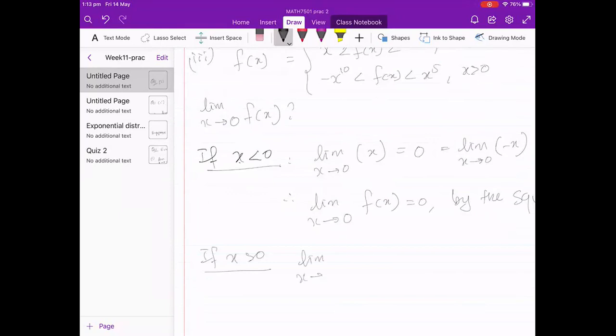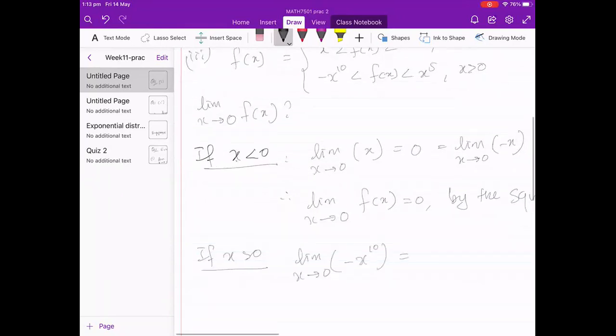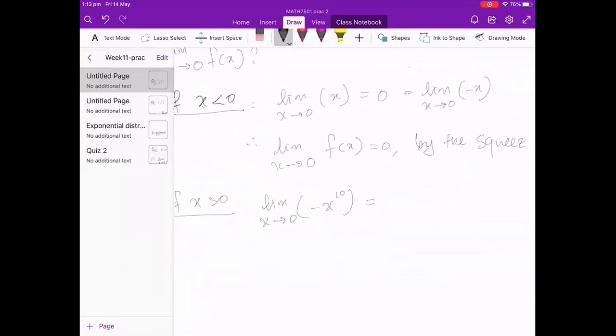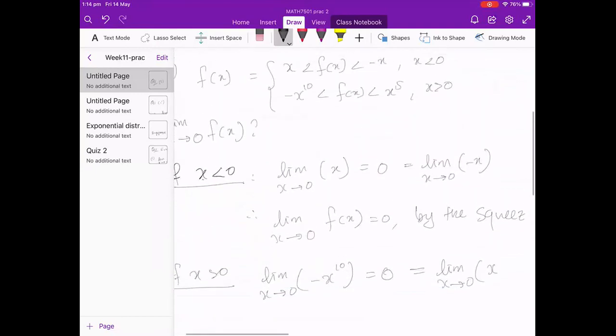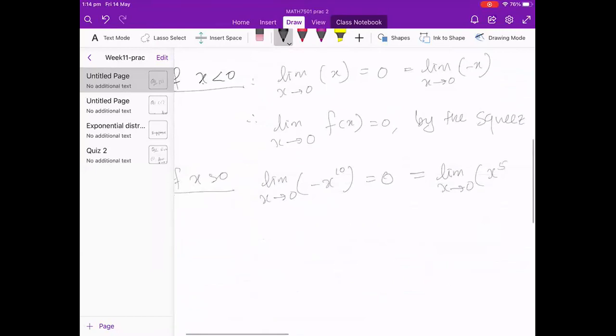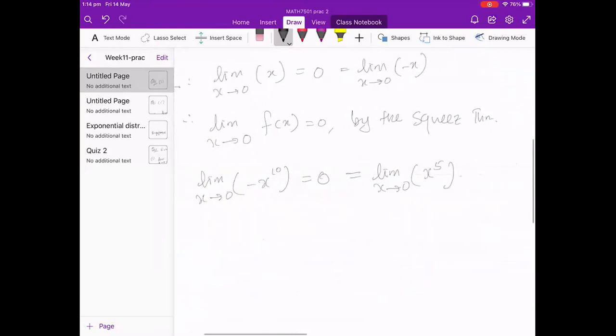The limit as x tends to 0 of minus x to the power 10 is equal to 0, and the limit as x tends to 0 of x to the power 5 is the same.